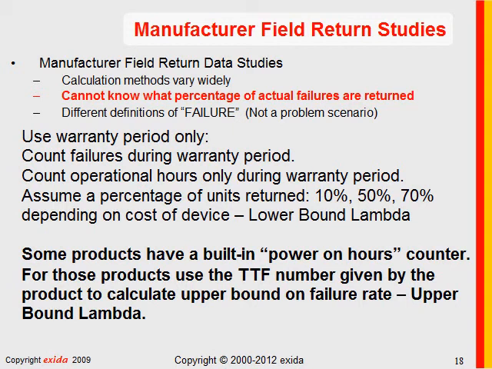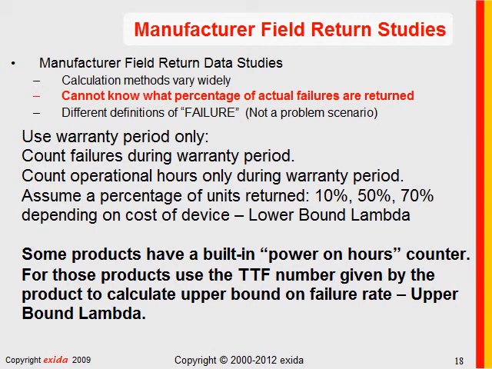You can also calculate a lower bound by taking a look at the warranty period only. You count only the failures during the warranty period and the operational hours during the warranty period. You assume a percentage of units returned which is significantly below 100%, depending on the cost of the product, and you can calculate a lower bound, lambda.